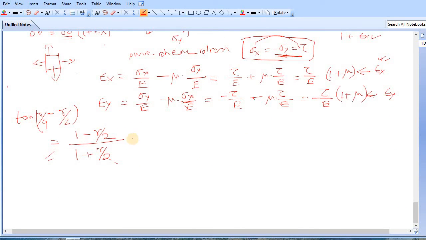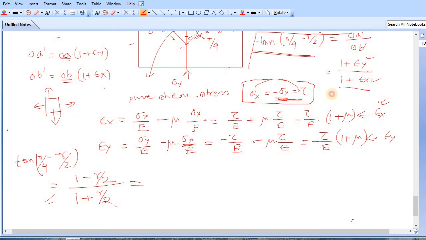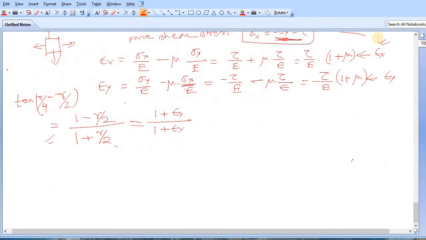So now, what was our equation? Let's see, this was this one, so let's write it down: 1 plus epsilon y by 1 plus epsilon x. And you have already found the value of epsilon x and epsilon y. Let's put them.